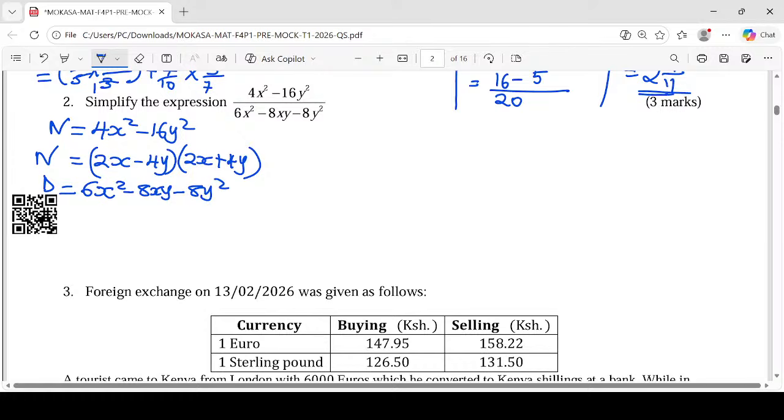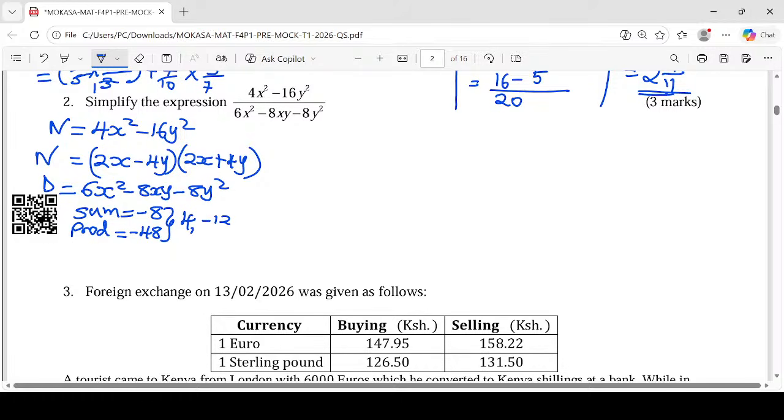We are looking for two numbers whose sum is equivalent to -8, and the product of those two numbers should be equivalent to -48. The two numbers here should be -12 and 4.